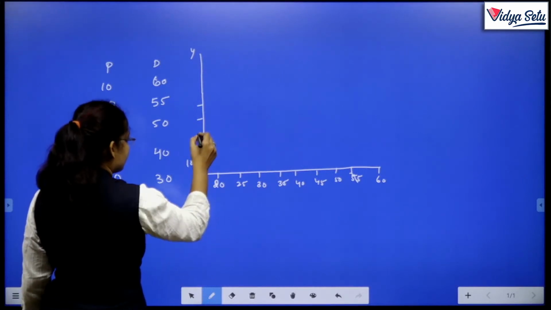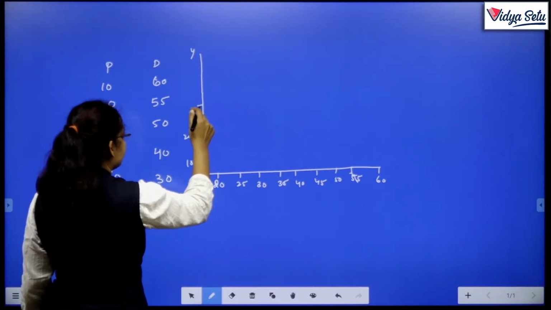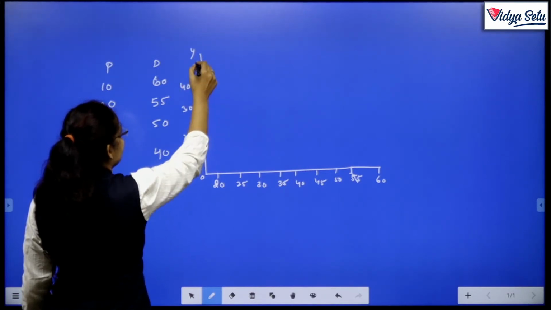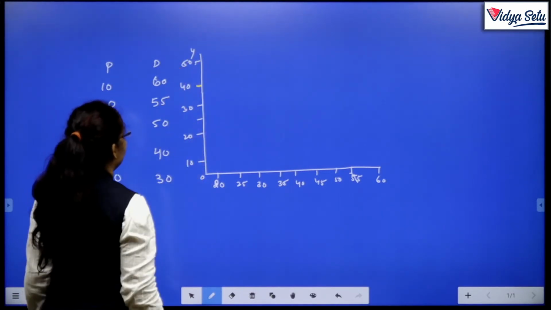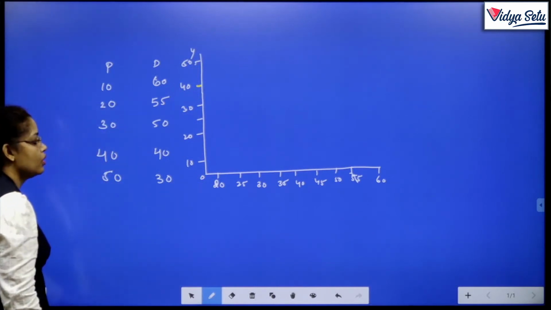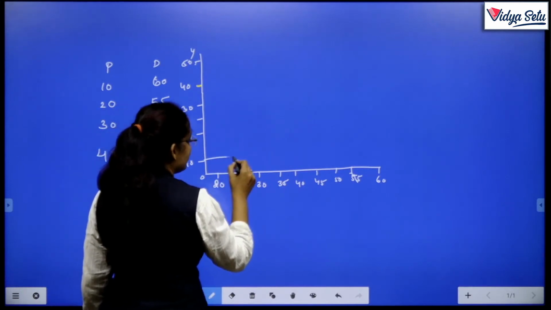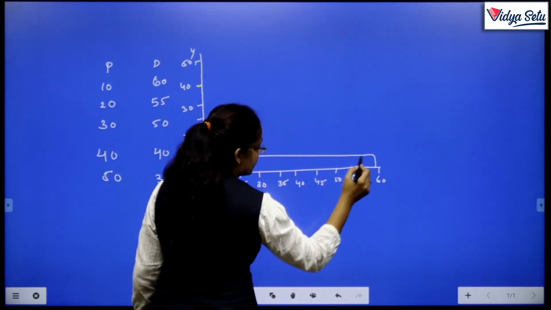Say 10, 20, 30, 40 and 50. Okay. So at price 10 the quantity is 60. On 10 there is 60, so this one.